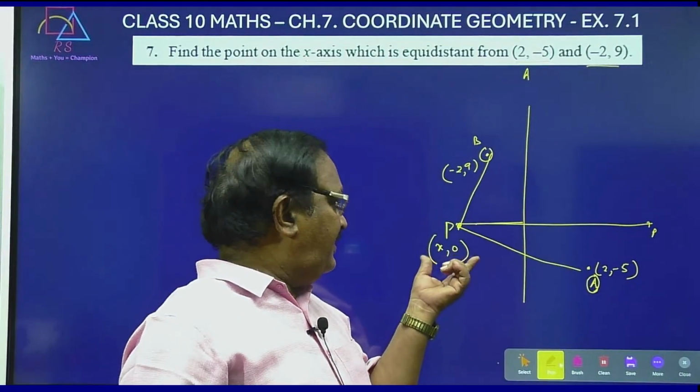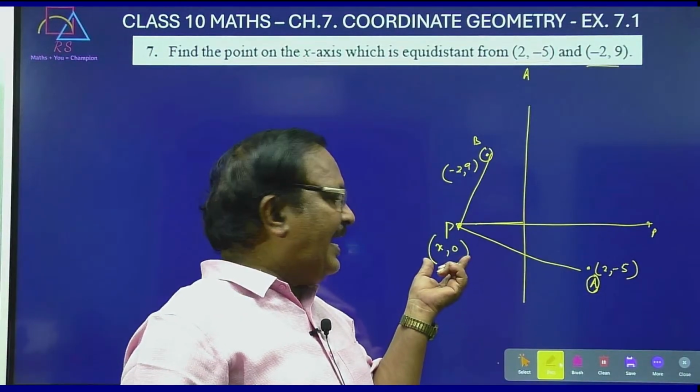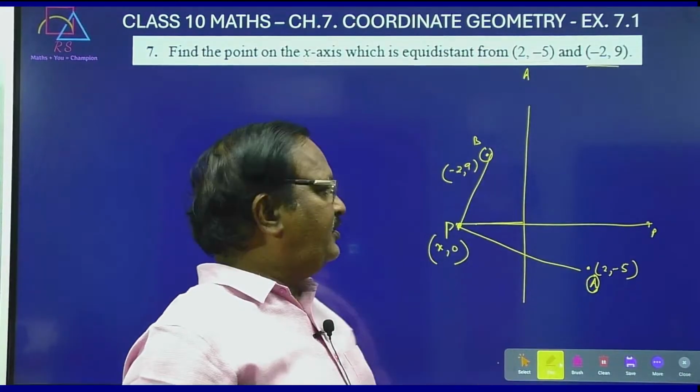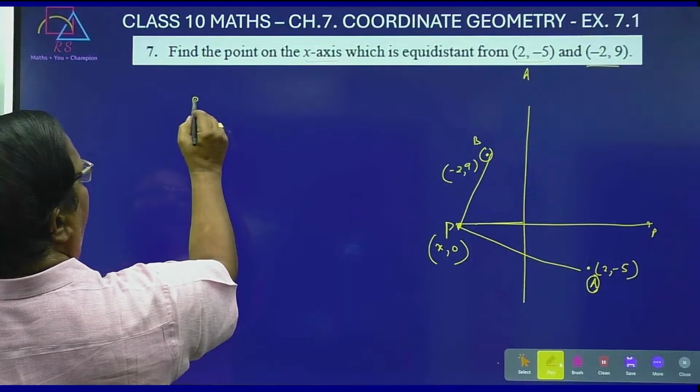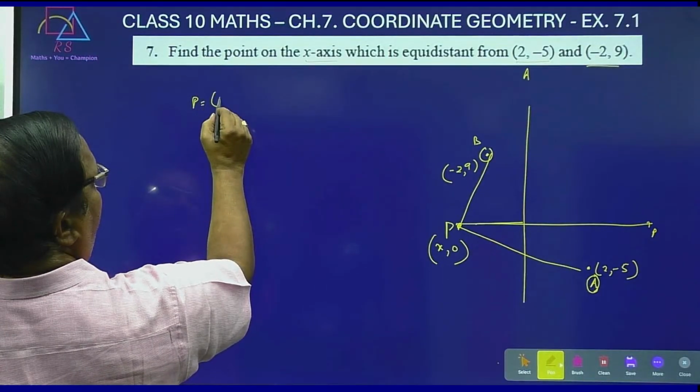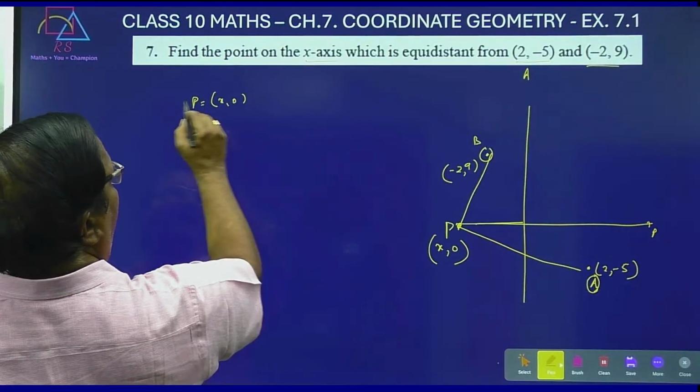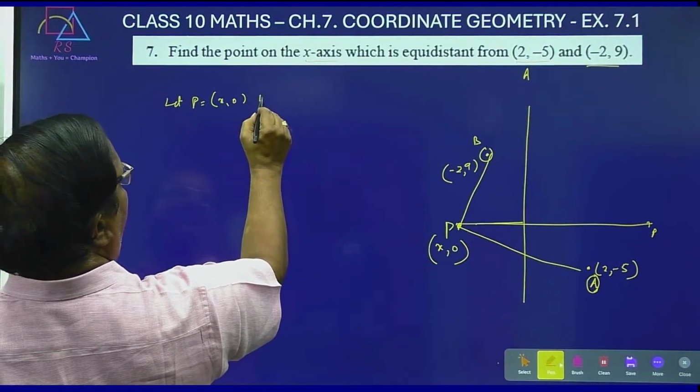This will carry marks. I did not write it properly. So PA is equal to PB. P is equal to x, 0, which is on the x-axis.